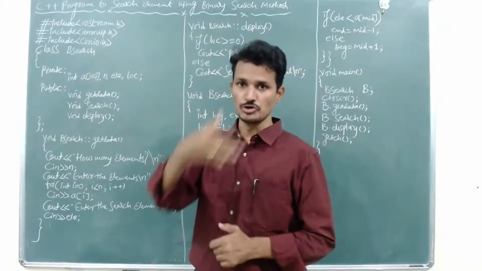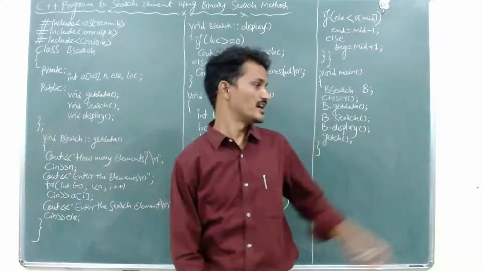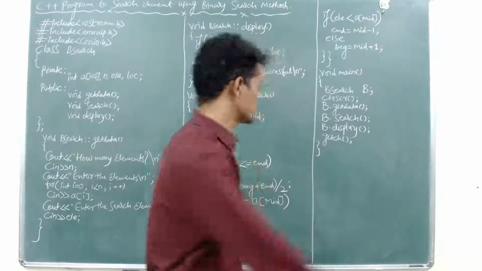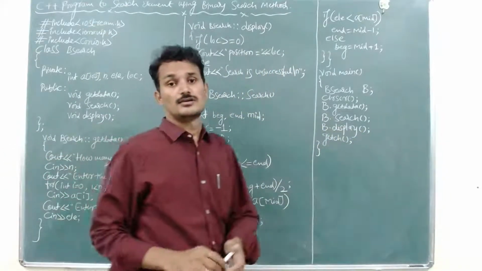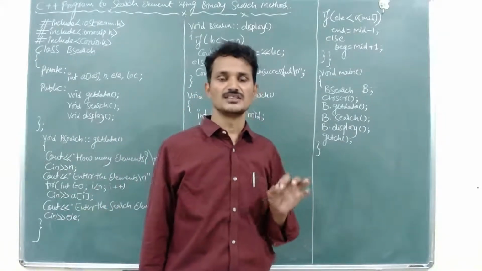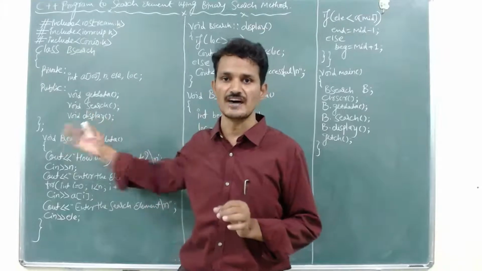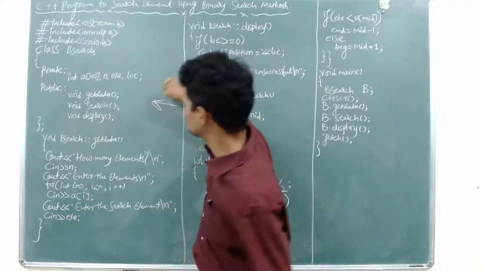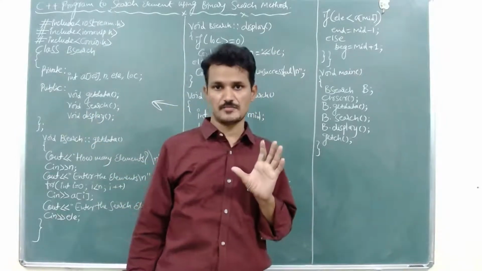For you all, it will be left this way, and I have to stand like this. So if the searching element is less than the middle element, then continue towards the left half of the array, in this direction.